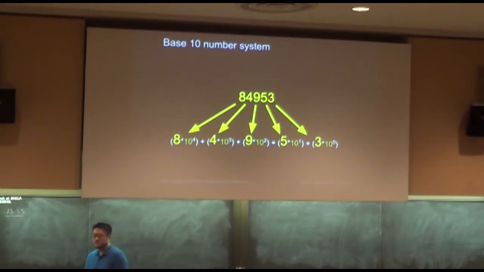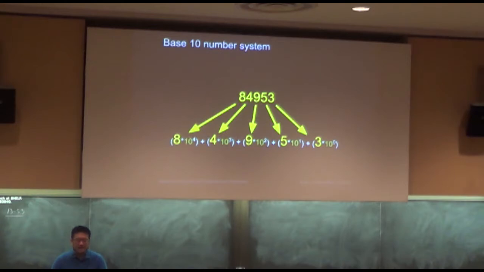The base 10 number system is the number system that we all use, and it's a series of symbols to represent a number, where each symbol represents a multiple of a power of 10.